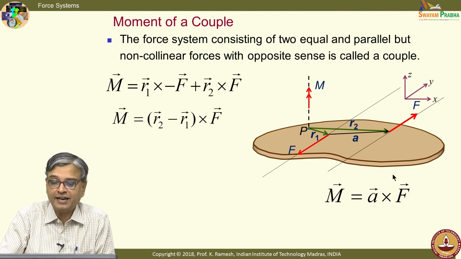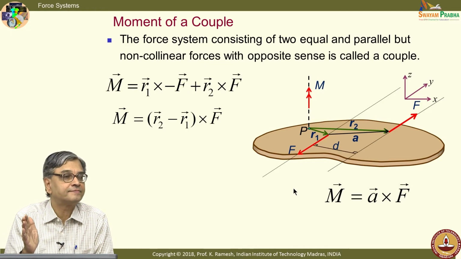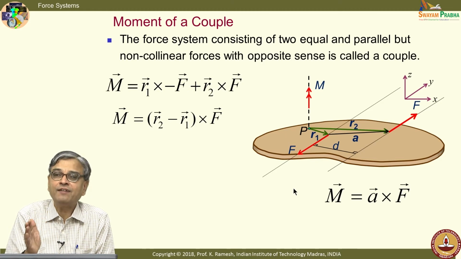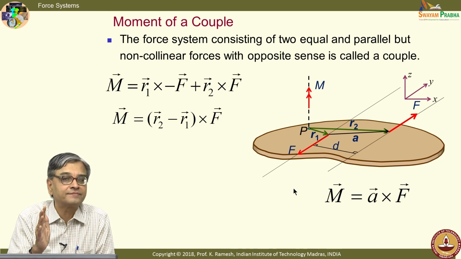And if I write it in longhand without the vectorial notation, how will I replace A? I will replace A by the perpendicular distance d. Okay. So, when I have this, what is it that strikes you immediately?